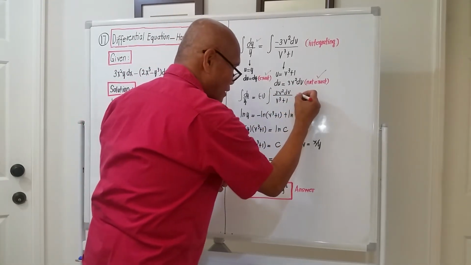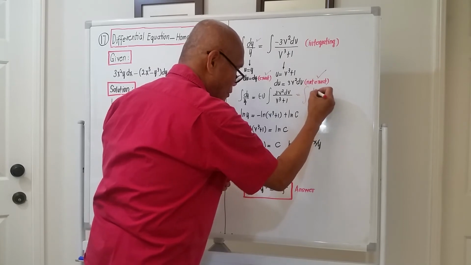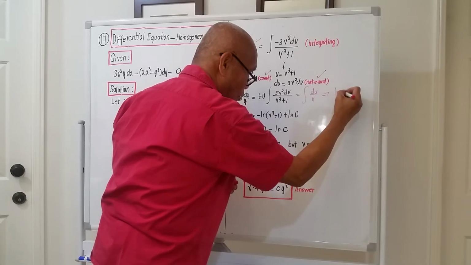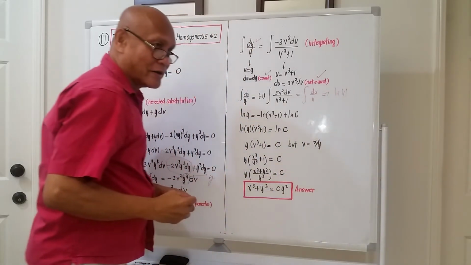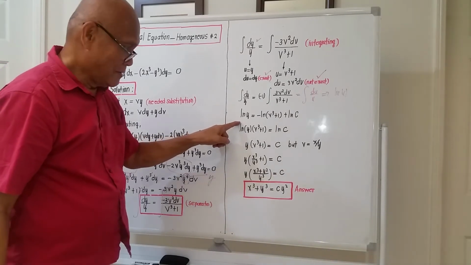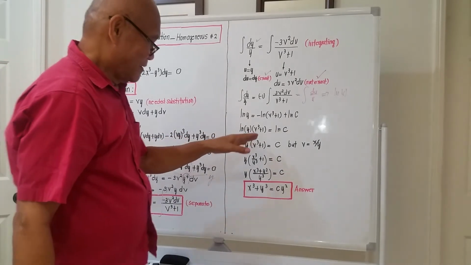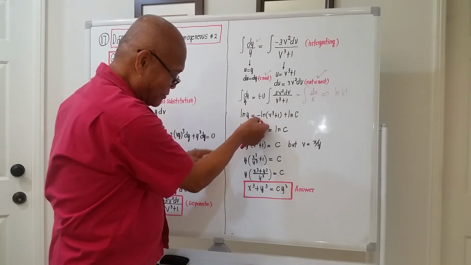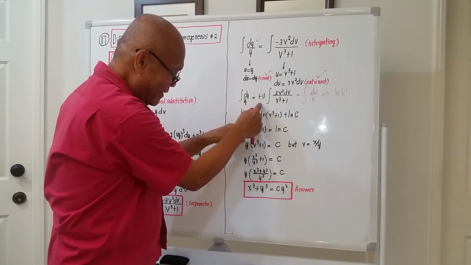And this now falls under the integral of du over u, and the answer is the natural logarithm of u. So left hand side, natural logarithm of y equals the natural logarithm of b cubed plus 1, but this is preceded by a negative sign because we got a negative 1 over here.